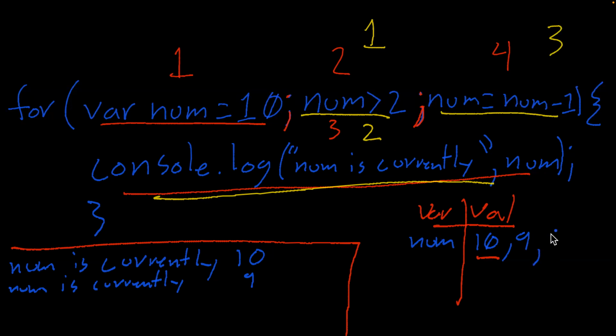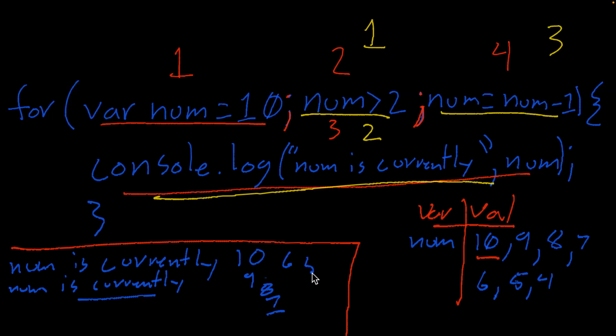And you can probably already tell that I'm running out of space and that the pattern is going to console log 8, num is currently 8, num is currently 7. And we are going to then fast forward the process here. 7, 6, 5, 4.